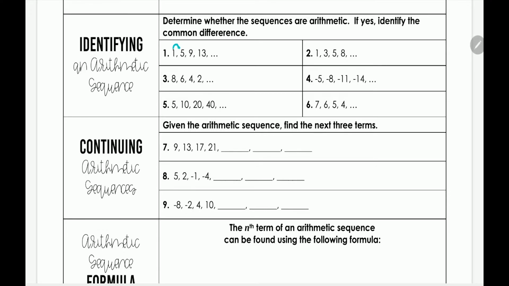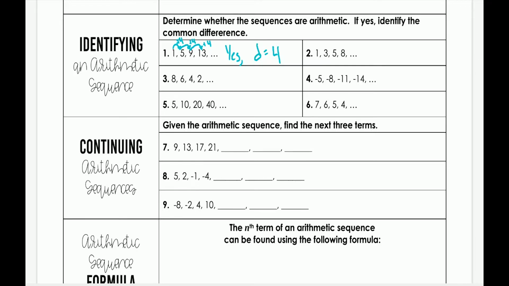If we add 4, we go to 5. If we add 4, we go to 9, and if we add 4 again, we go to 13. So we can determine that yes, this is an arithmetic sequence, and the difference is 4. Okay?